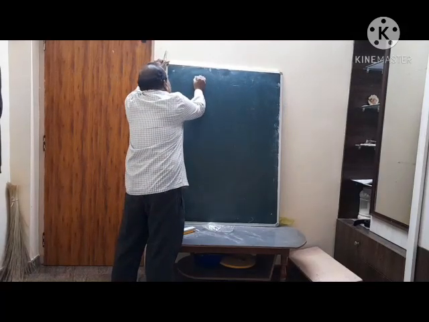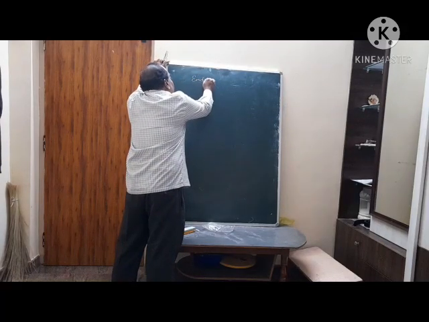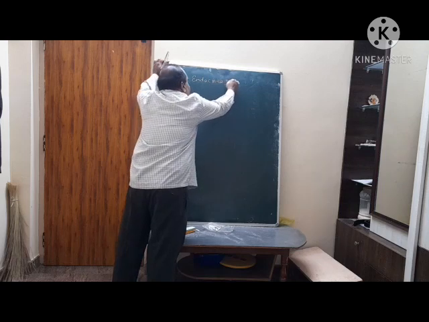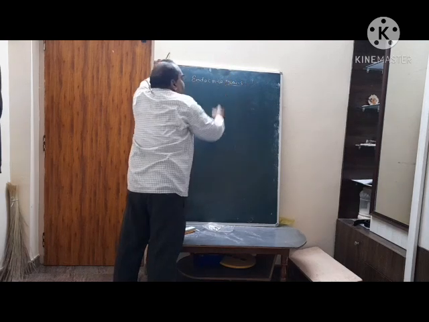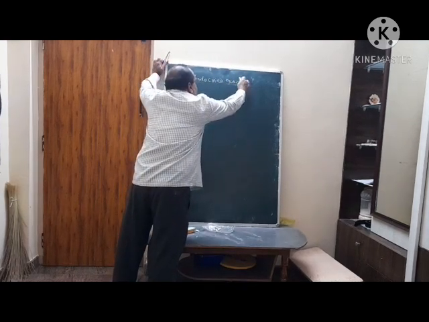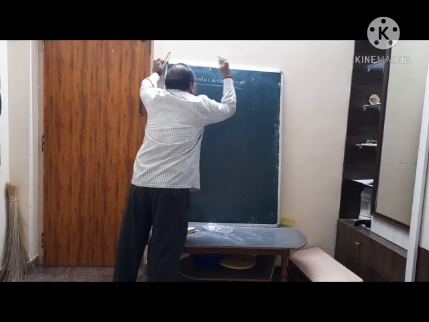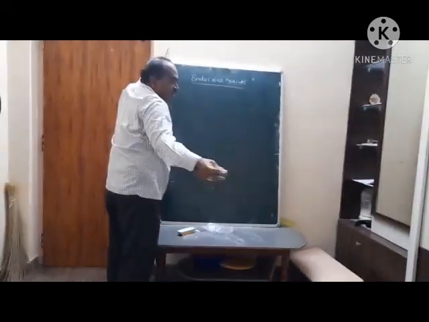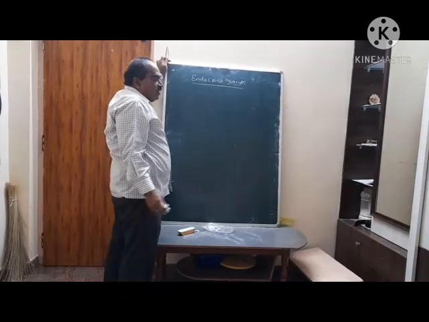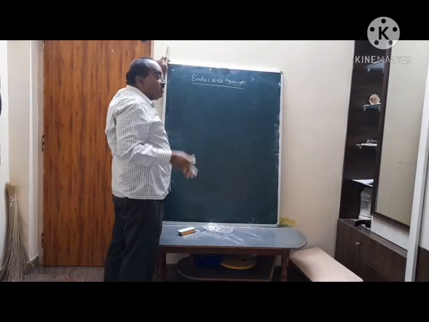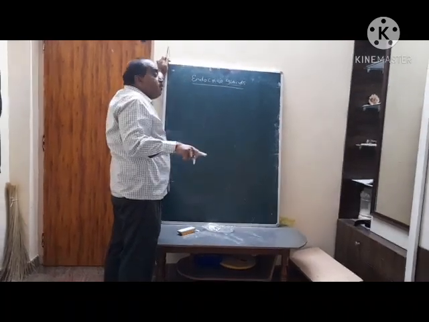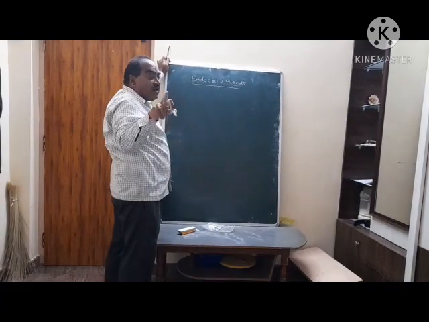Now we'll move on to the list of endocrine glands in different parts of our body. In the earlier class, in the structure of the brain, below the hypothalamus, a pituitary gland is present.